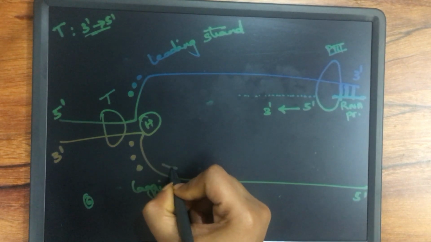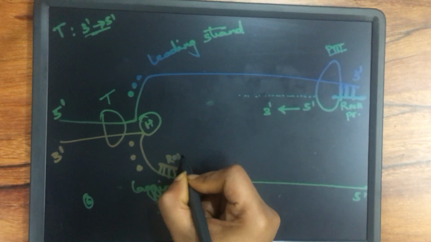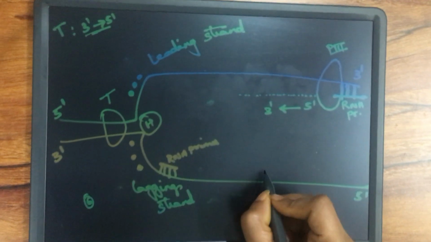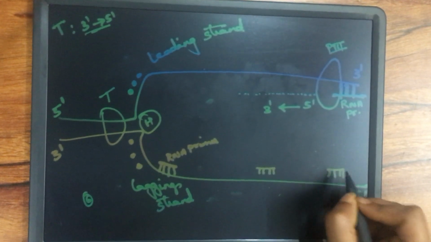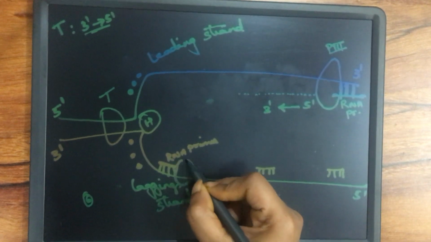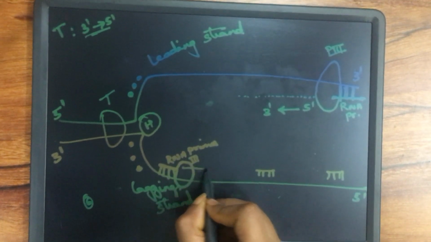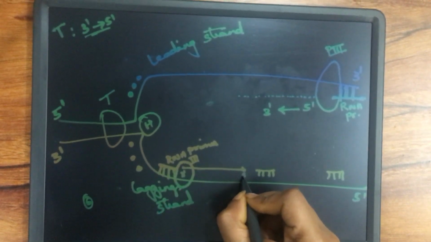Therefore, primase attaches RNA primer at different locations over here, and here the DNA polymerase 3 comes and attaches and synthesizes.